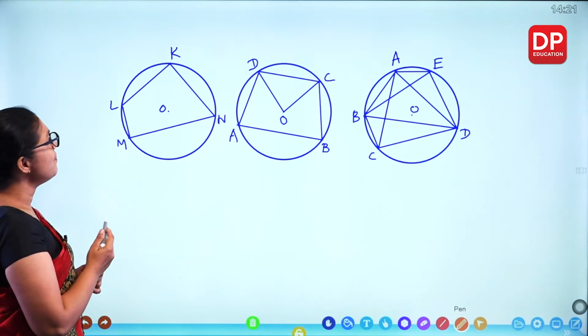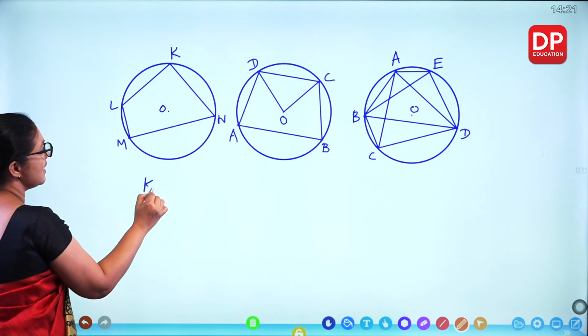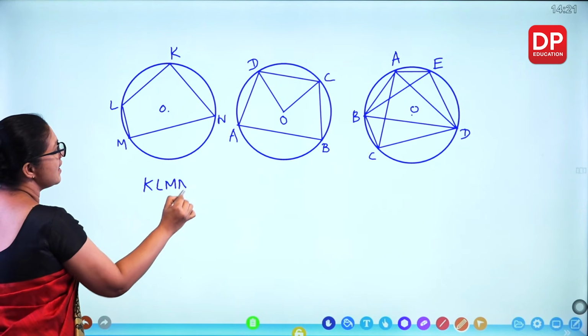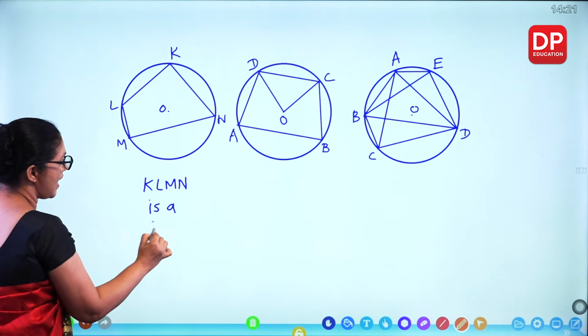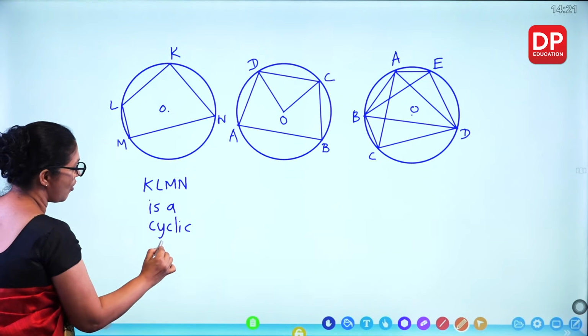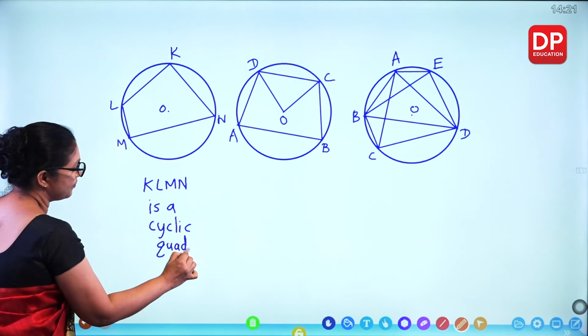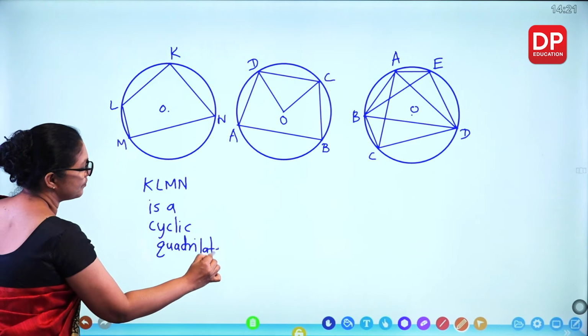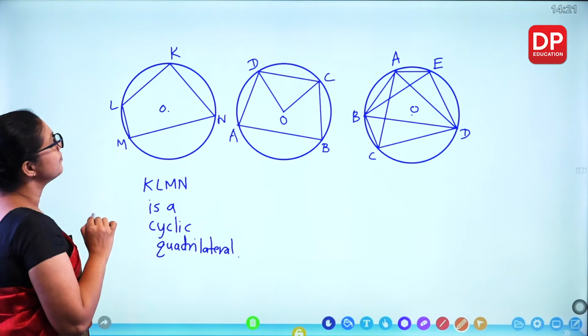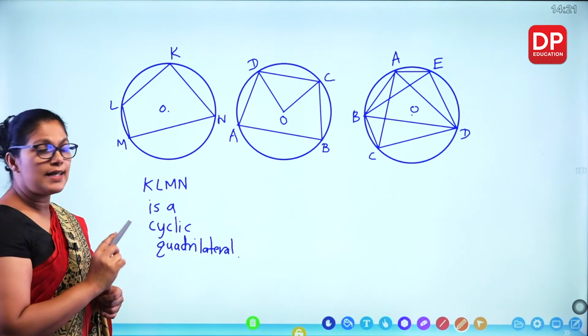Look at this diagram. KLMN is a cyclic quadrilateral, because all 4 points are on the circle.